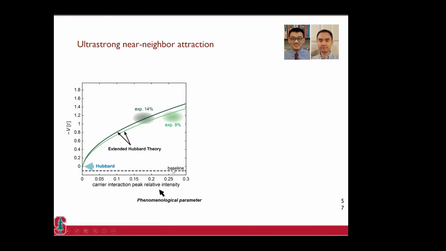And actually the Hubbard model does have an attractive interaction. This is above this baseline. Okay, so that's coming from the emergent exchange interaction. But the experiment has this value to be substantially larger than that. Okay, so that's trying to benchmark on this.